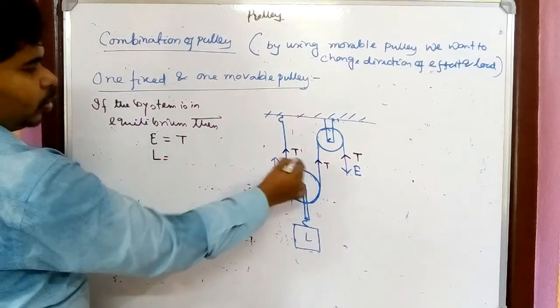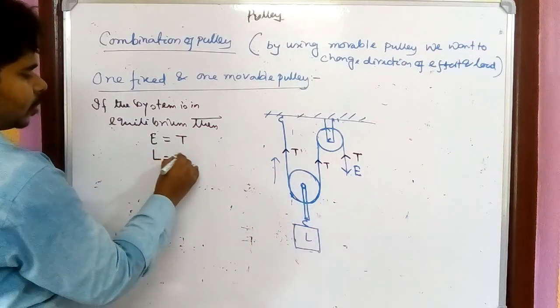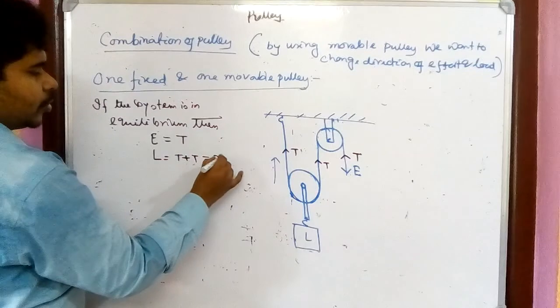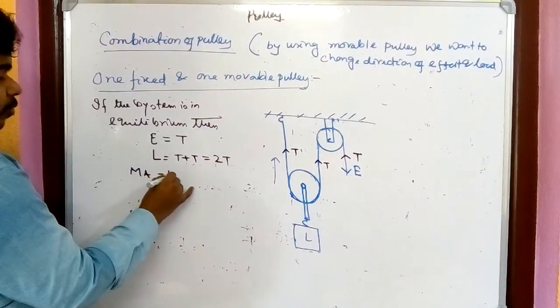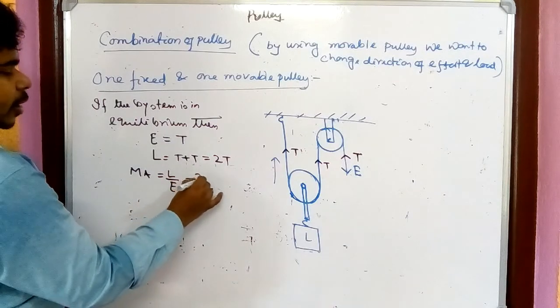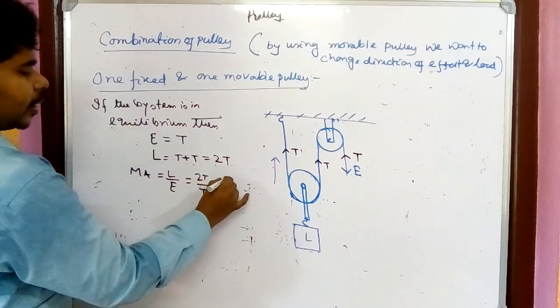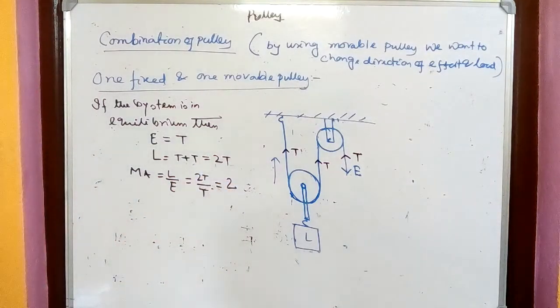You see, 2 tension is balancing the load. So T plus T, that is 2T. And here mechanical advantage equals load by effort, that is 2T by T, that is 2. So mechanical advantage, we have seen, is coming 2.